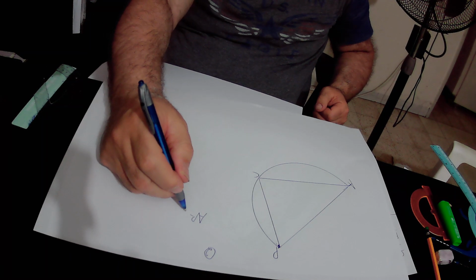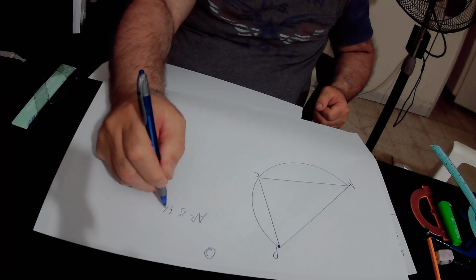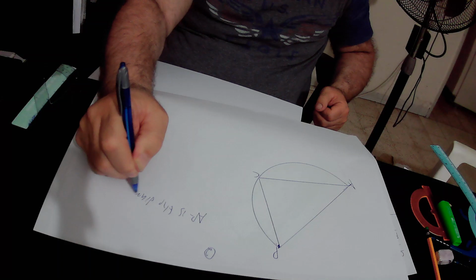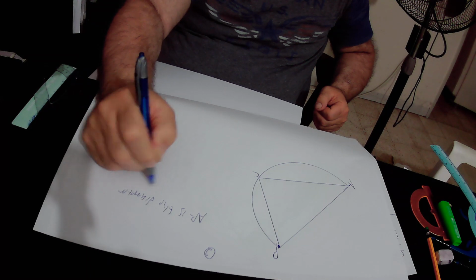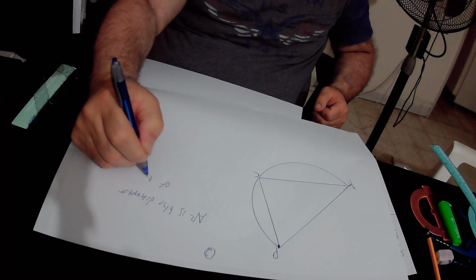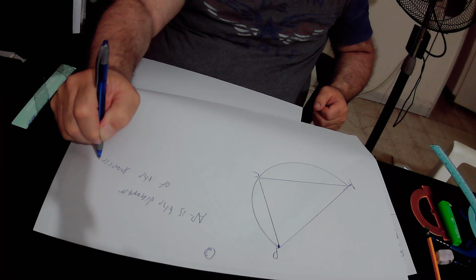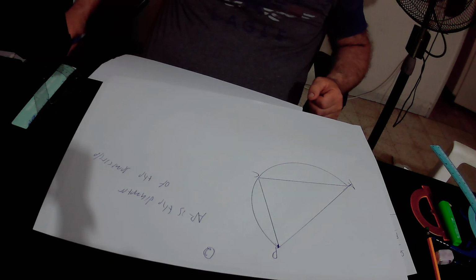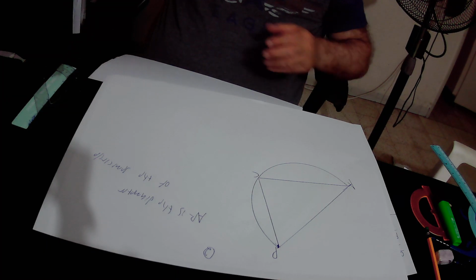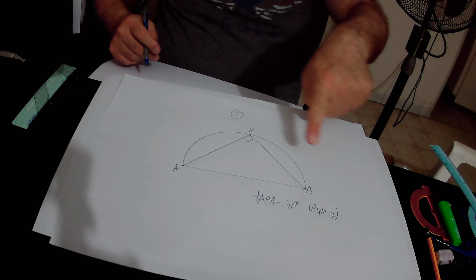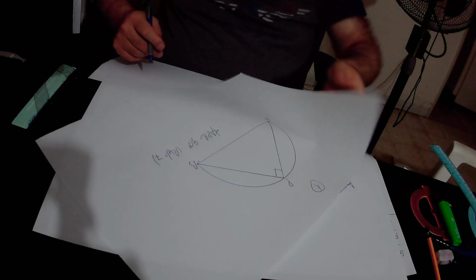AP is the diameter of this semicircle, and here AB is the diameter of this semicircle.